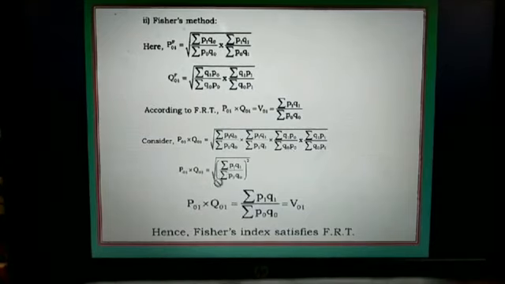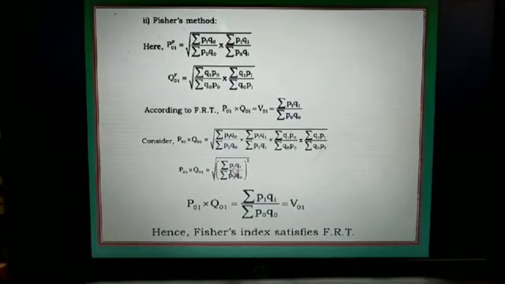So under the square root, in the next step what happens? The sum of P1 Q1 multiplied by the sum of P1 Q1 is taken as the sum of P1 Q1 the whole square. And next, here sum of P naught Q naught, and here once again sum of P naught Q naught is there. That's why the sum of P naught Q naught the whole square is taken.